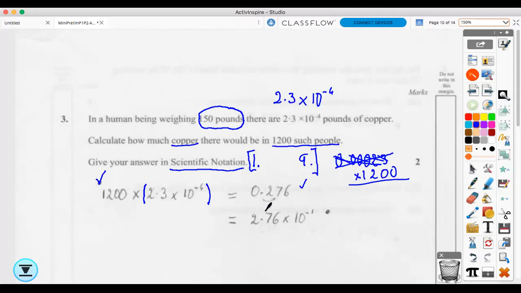If it's 27.6, you don't get the mark. If it's 0.276, you don't get the final mark. You need to move the decimal point 1 place to get 2.76, and because it started with a 0, it's going to be a negative index. You've just moved it 1 place, so it's -1.